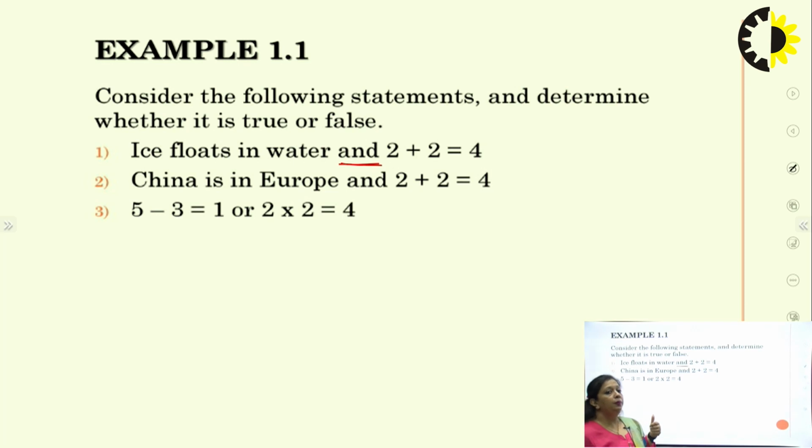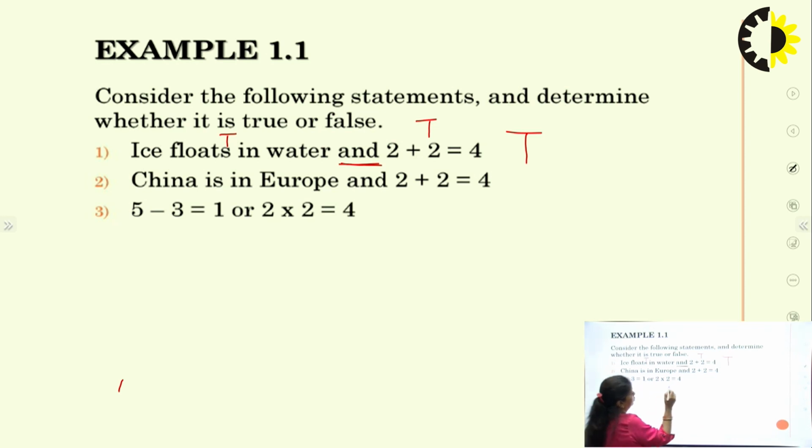So, the output will be true only if both the propositions are true, otherwise it is going to be false. So, ice floats in water, true, then 2 plus 2 is 4. This is also true. So, since both are true, the value or the output for the entire proposition is going to be true.